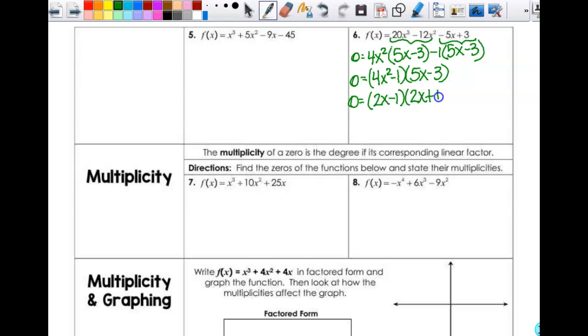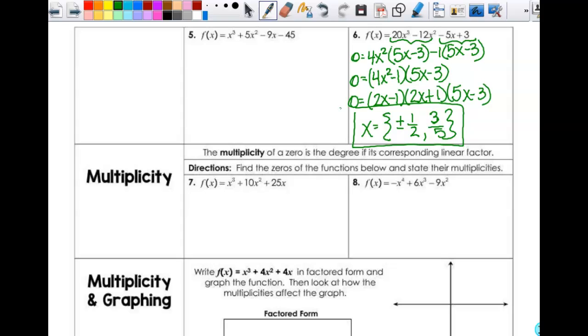Very good. And then I still have my 5x minus 3, right? Very good. We all good with that? Okay, so then I get my zeros from this. I can have that plus or minus 1/2. And then what's the other number? 3/5. 3/5. All right, what questions do you have?